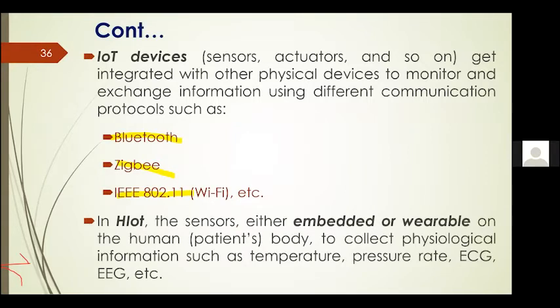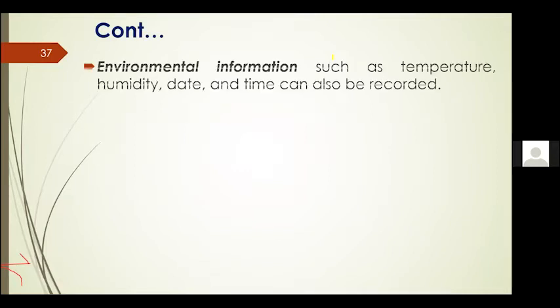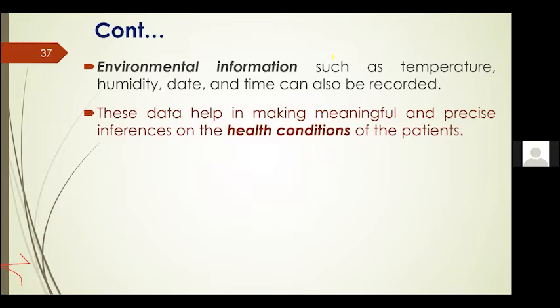In HIoT, sensors, either embedded or wearable, on the human body collect physiological information such as temperature, pressure rate, ECG, EEG, etc. Environmental information such as temperature, humidity, date, and time can also be recorded comfortably.